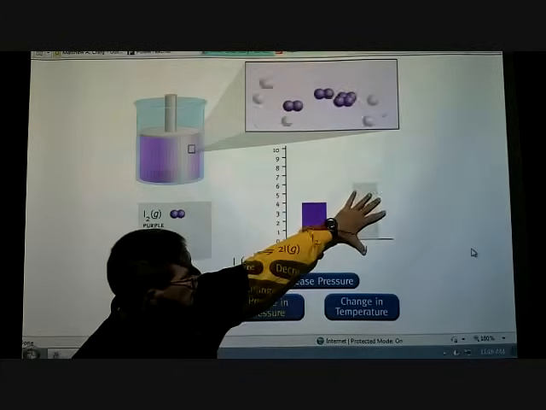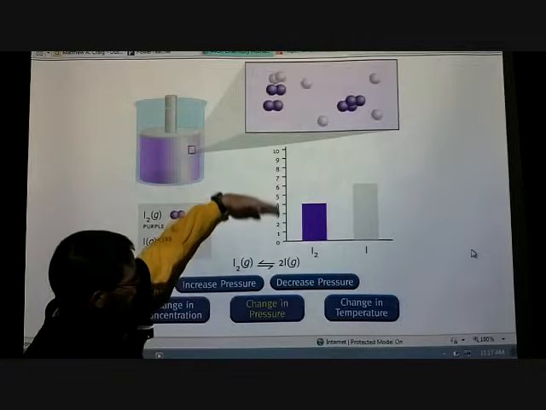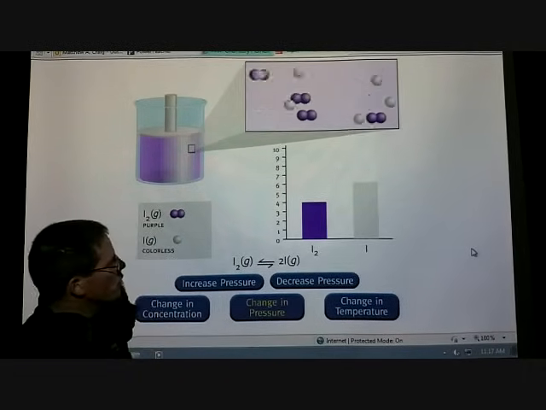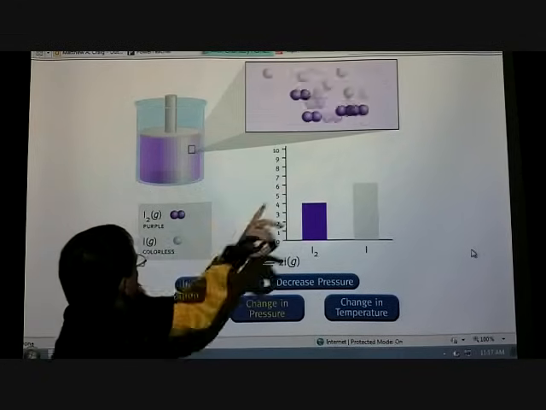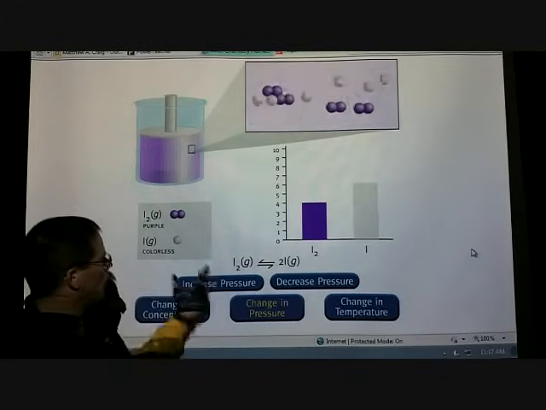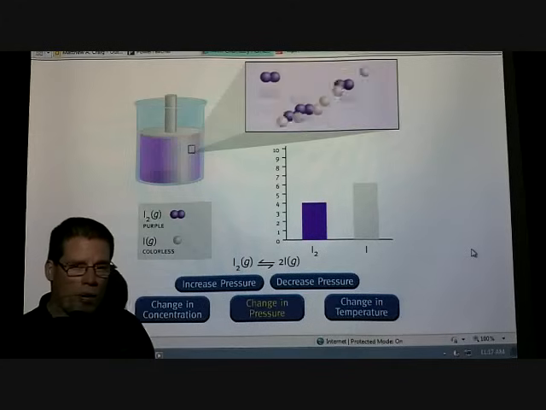So here we are. We have our system at equilibrium based on our pressures. Okay, so these are pressures, whether they want to go with atmospheres or whatever value we want to use as their unit. But here's our system. The double purple balls represent the I2, and the single one looks like just iodine. All right, so I'm going to increase the pressure first.